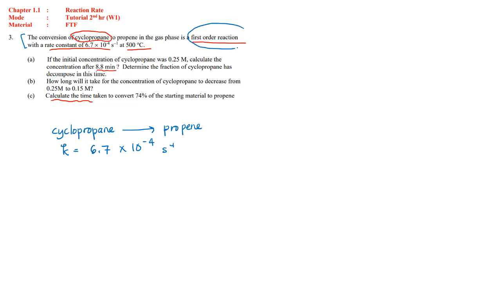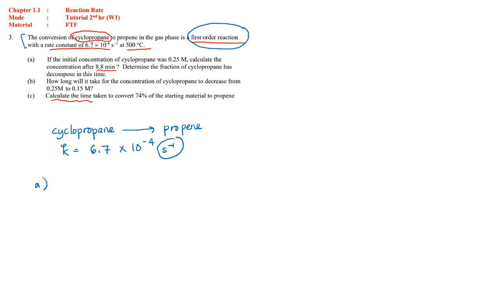So mentioned in the question, the reaction, the conversion of cyclopropane to propane is first order. Kalau soalan tak beri tahu order apa, kita tengok pada unit rate constant. So per second kat sini menunjukkan dia adalah first order. Betul lah tu. Okay, so now question A, you are going to calculate the fraction of cyclopropane has decomposed.